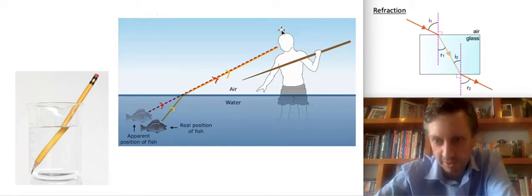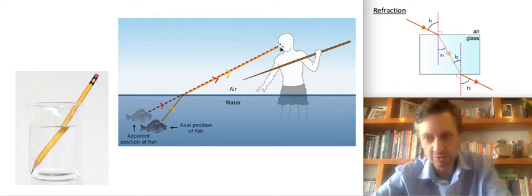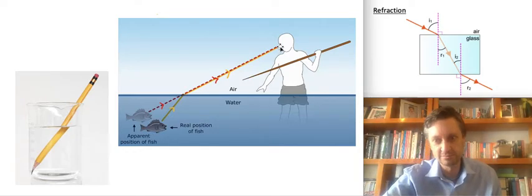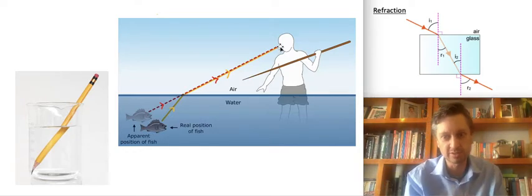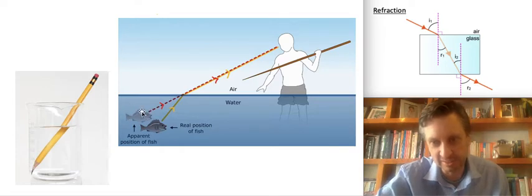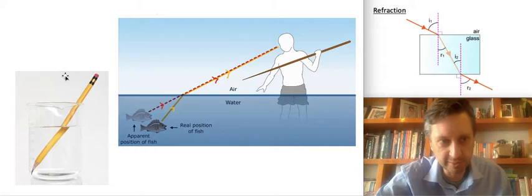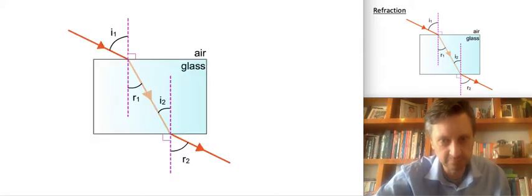The fisherman's brain then produces an image of the fish, and because the brain only perceives light as moving in straight lines, the brain calculates, using a straight line, where it thinks the fish is, and he sees the fish actually in this position. Okay, I hope that made sense. So that's the basis of refraction.